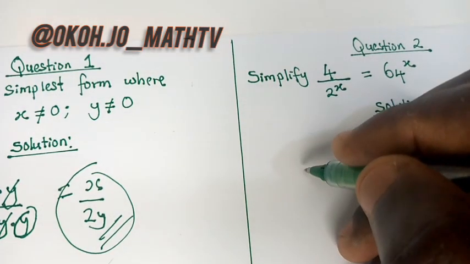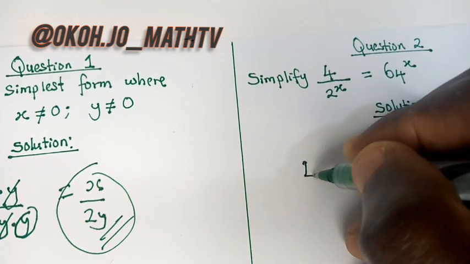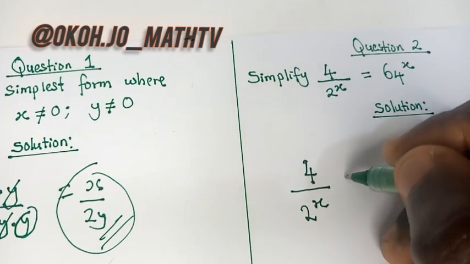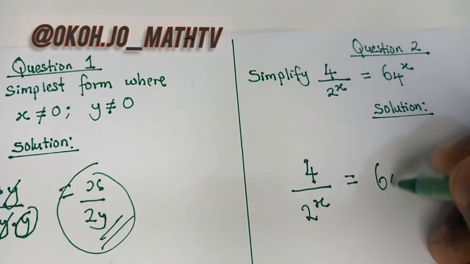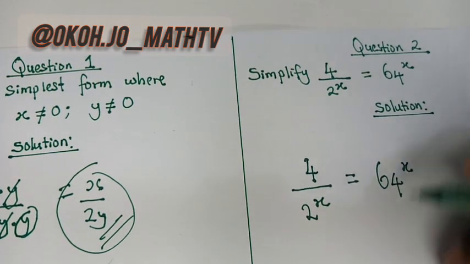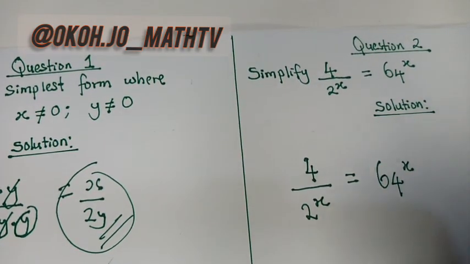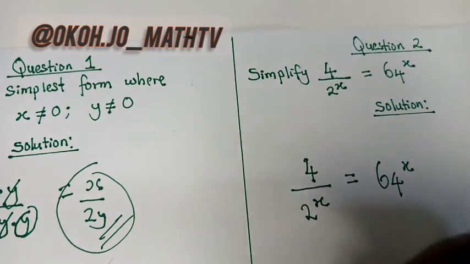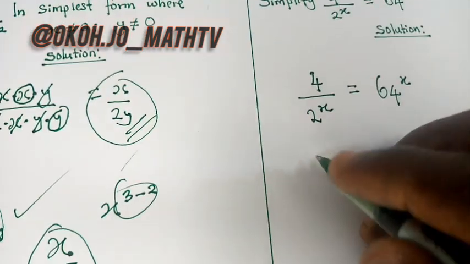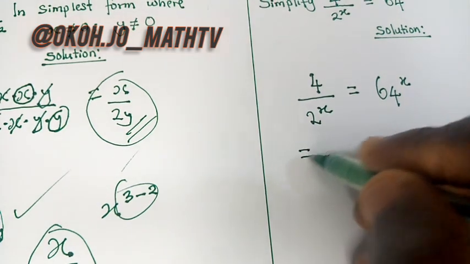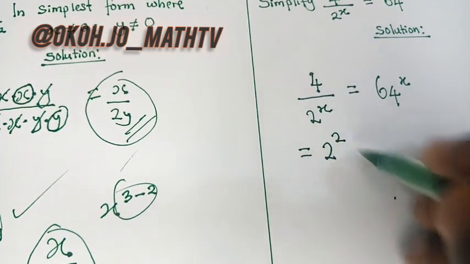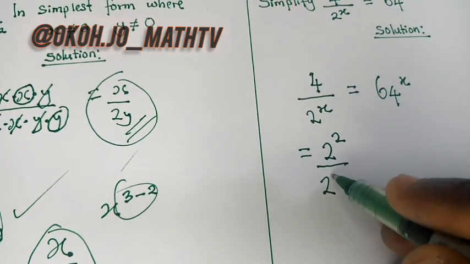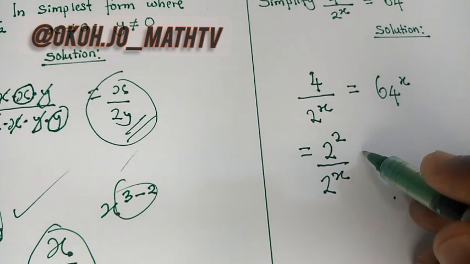So solution, let's bring down our question. 4 all over 2 to power x is equal to 64 to power x, or exponential x. Is that okay? So now we can lift this to an exponential, or to power, which is the same thing as 2 raised to power 2, because 2 times 2 is 4, all over 2 exponential x, or 2 raised to power x, which is equal to.